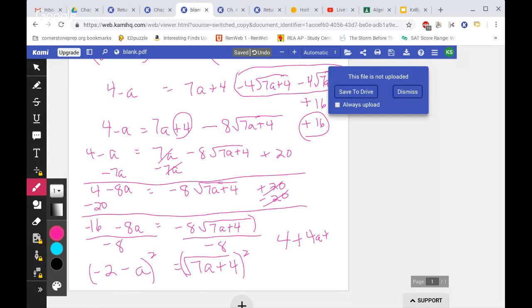Well, I just don't have enough room to write anything. I'm sorry, Alex. That's all right. I'm trying to write this, but if I'm squaring this right now, that's the side that I'm working on.